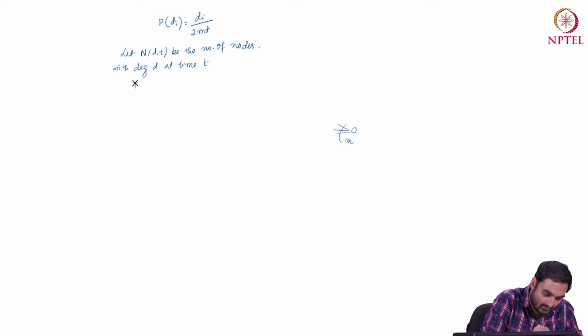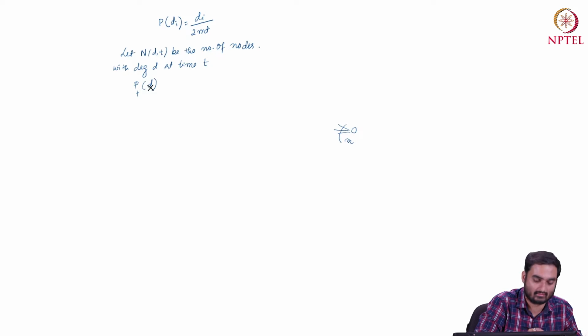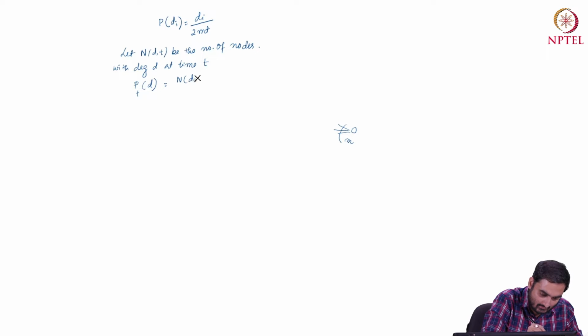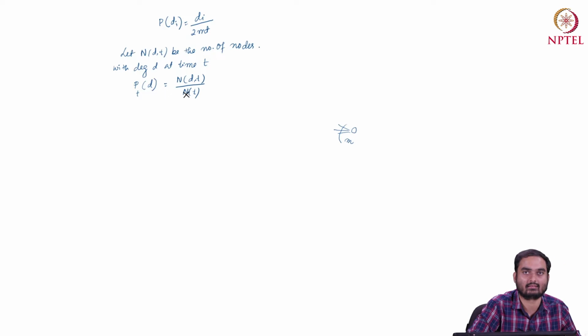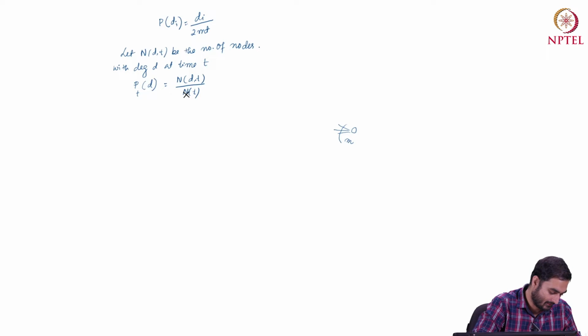Therefore we define this quantity: the probability at time t of a particular degree d is n(d,t) by n_t. What is n_t? n_t is the number of nodes at time t, and n(d,t) is the number of nodes with degree d at time t.